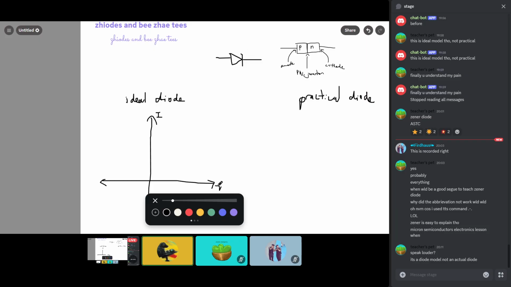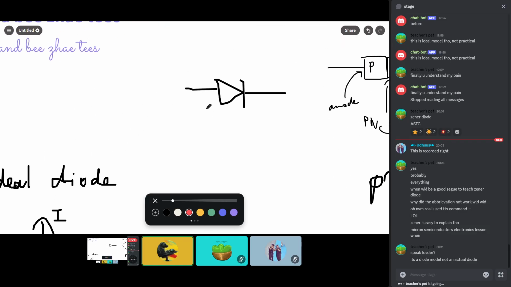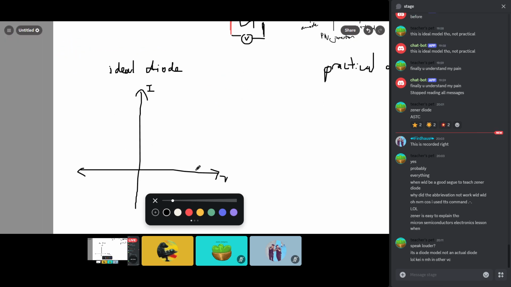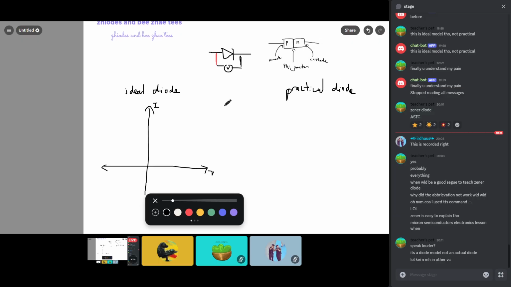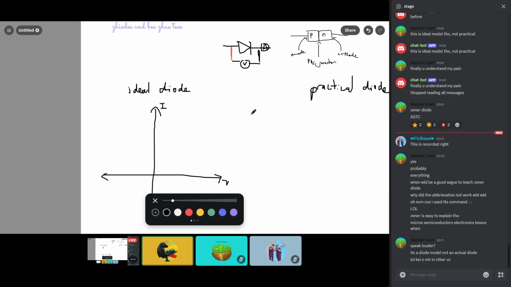So for voltage, right, you can imagine we are taking a multimeter, and we are probing it like this, V, and then this will get us our voltage. And then the current would just be like an ammeter somewhere. Yeah, sure.